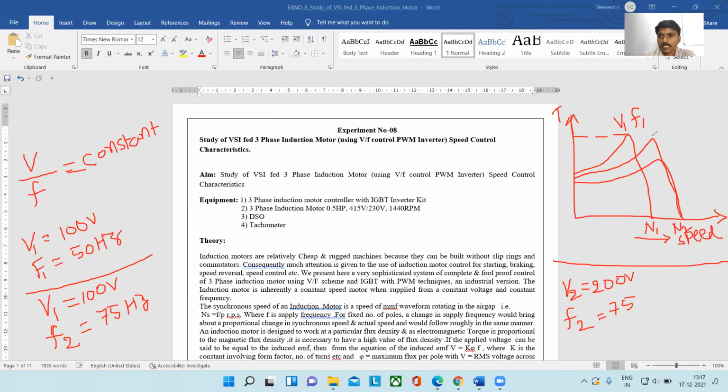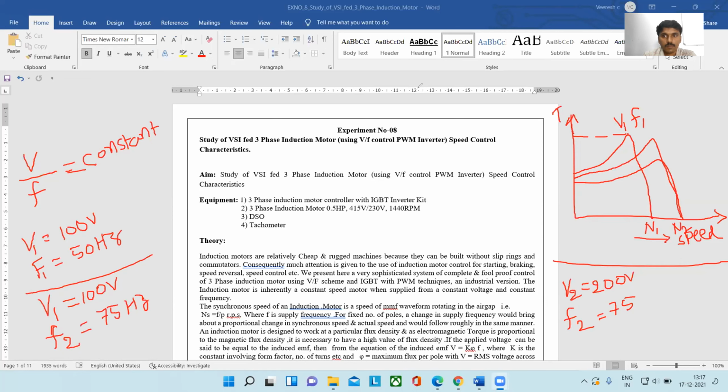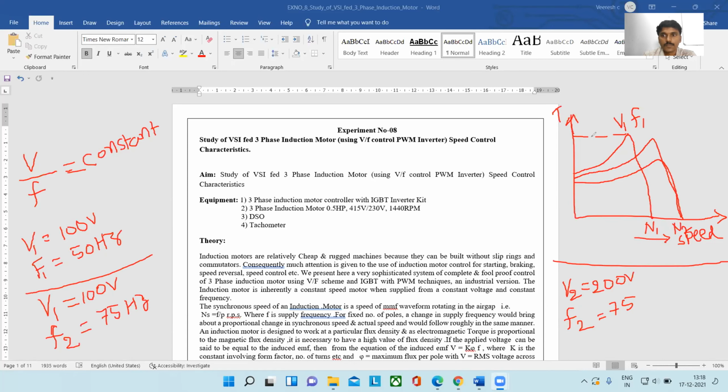This is the graph, so you can see here easily. Clear?